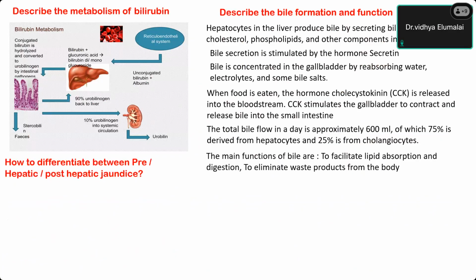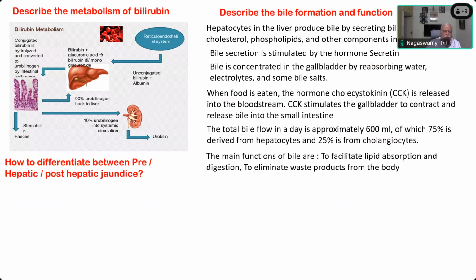So we can do CBC, lactate levels, and direct and indirect bilirubin values. Indirect bilirubin will be elevated in pre-hepatic jaundice. It is unconjugated bilirubin. In post-hepatic jaundice, conjugated bilirubin will be elevated. Intrahepatic, it will be a combination of both conjugated and unconjugated.